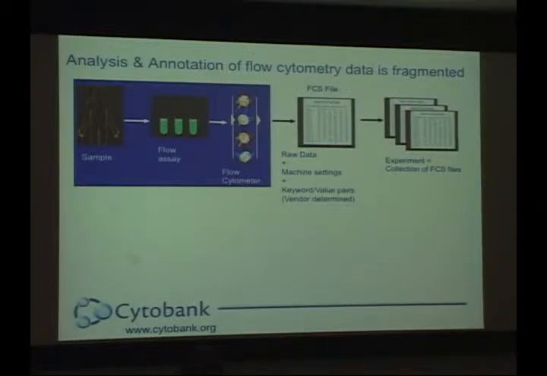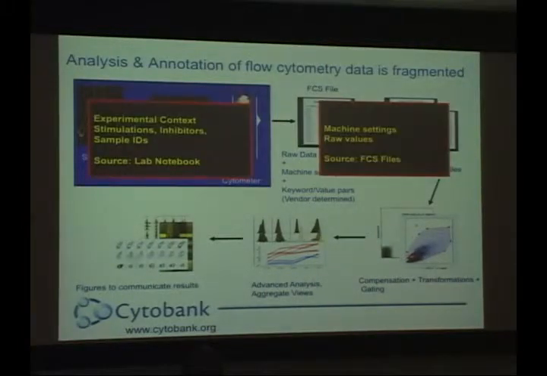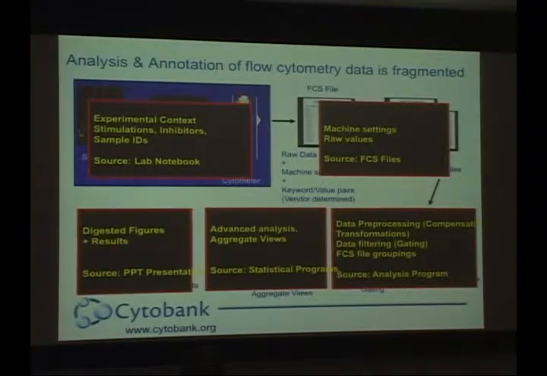And again, why was this a hard thing? If you look at how flow assays work right now, you have a sample, you run a flow assay, you go through a flow cytometer, you get some information in your FCS files, and then you go through and do your gating somewhere. Maybe you do some advanced analysis in another place, and then finally you make a figure, right? As you start doing this, you realize all the information that you need to do this collaboratively or in a scalable way gets set up in a variety of different places.